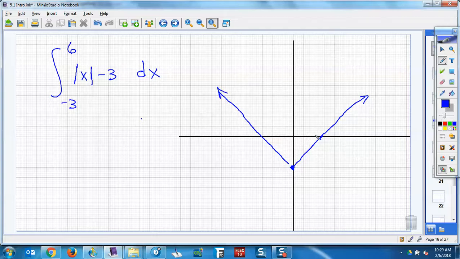Okay, now I need to go to 1, 2, 3, 4, 5, 6. Okay, so here's there, and then -3 is right here. Okay, so we're talking about this area right here, -3 to 6, and you just shade it in and then calculate it.